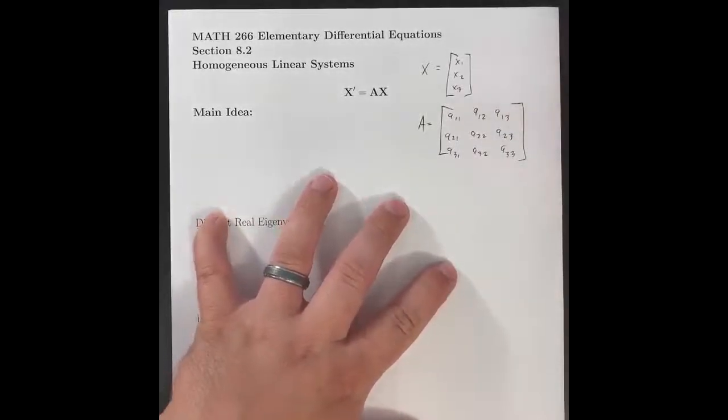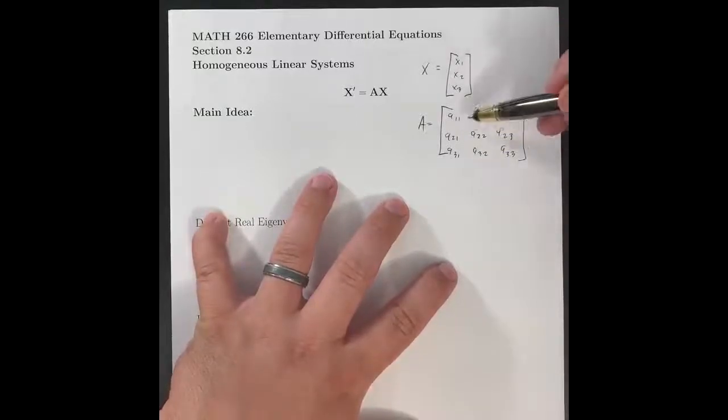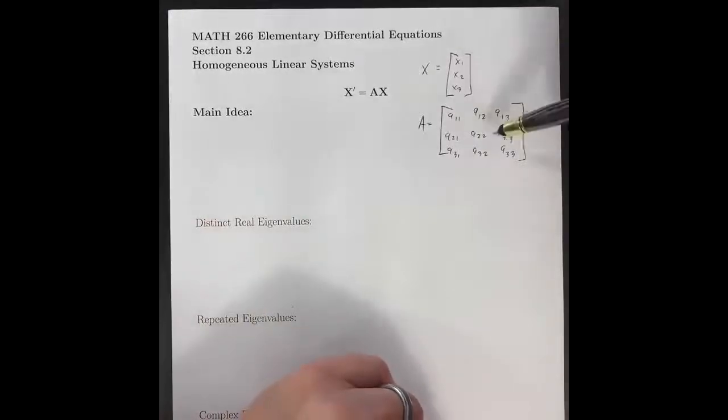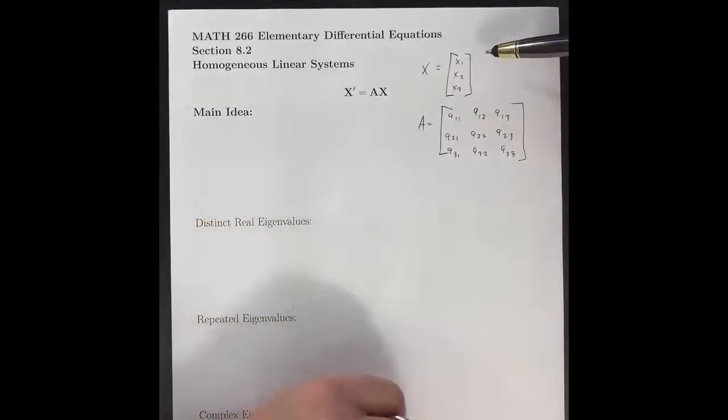This is a 3x3 case. You could have a 2x2 case where the vector has 2 entries, or any size as long as it's square and the lengths match up.